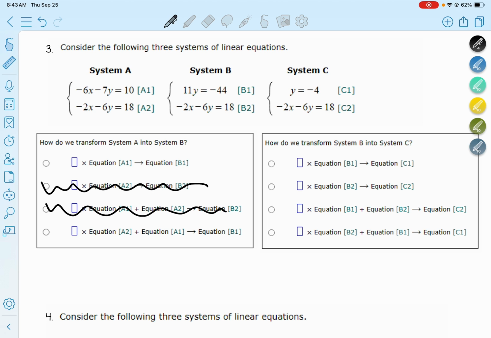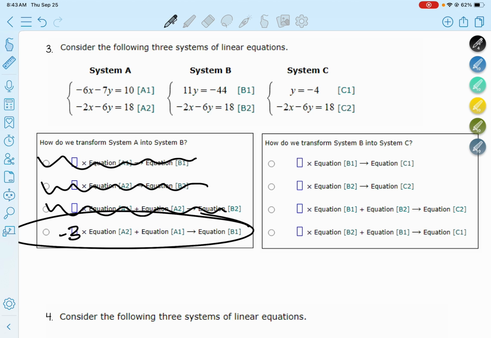Well, if I look at this guy right here, a whole variable disappeared from A to B. So I can tell that I didn't just simply add them, so I'm going to go ahead and get rid of this top equation, and I need to figure out what in the world happened. Well, my x's disappeared, so I need to somehow make this -2 become the opposite of -6, which is +6. So I'm going to multiply that whole equation by -3, and that's what I'm going to put right there.